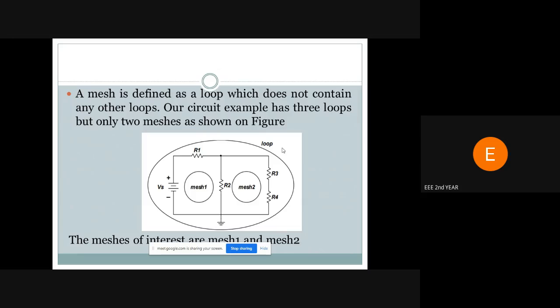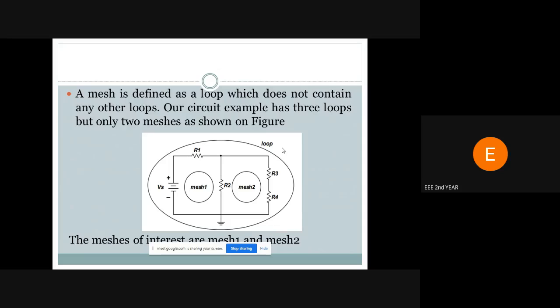Next, for example, consider this circuit diagram. In this circuit diagram, a mesh is defined as a loop which does not contain any other loops. Our circuit is an example which has three loops, but only two meshes are here.